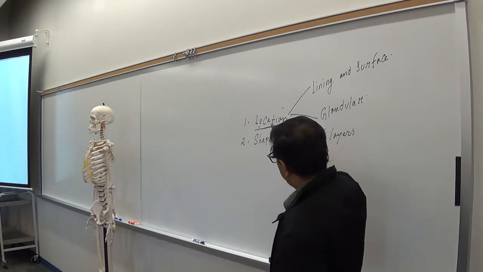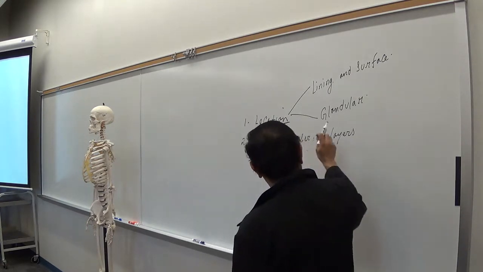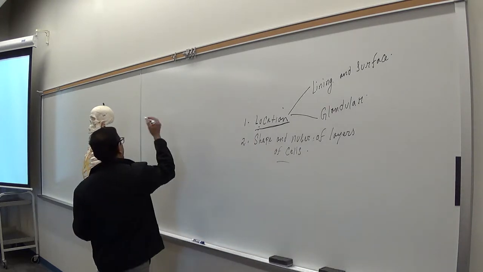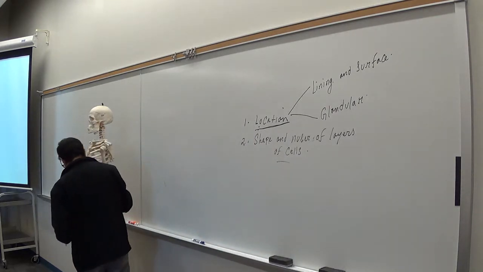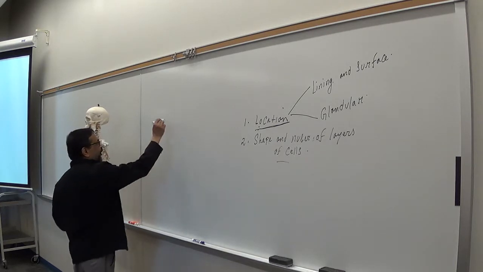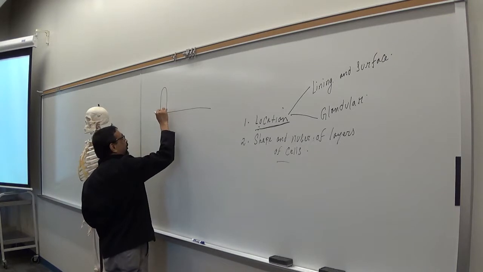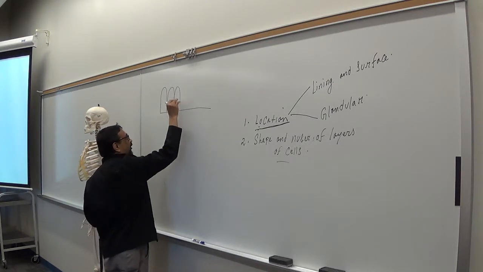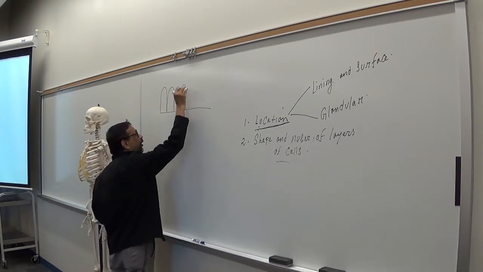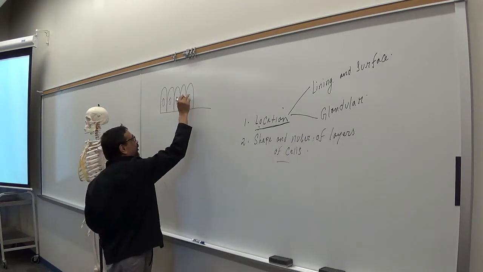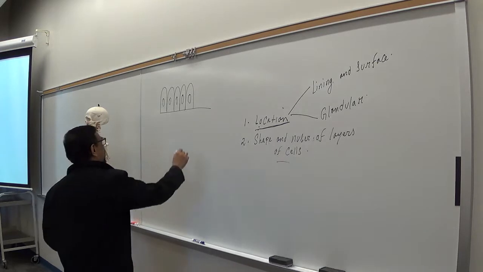By looking at the shape of the cells and number of layers, how we classify. I mentioned it in your lab, so you must remember. By looking at the shape of the cells. If you see the cells are tall, this is called what? Columnar. Very good. So this is columnar.